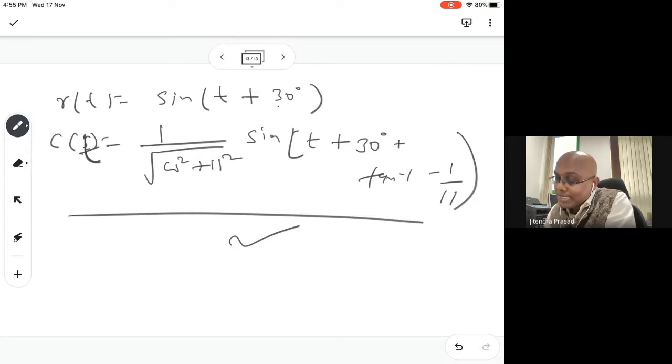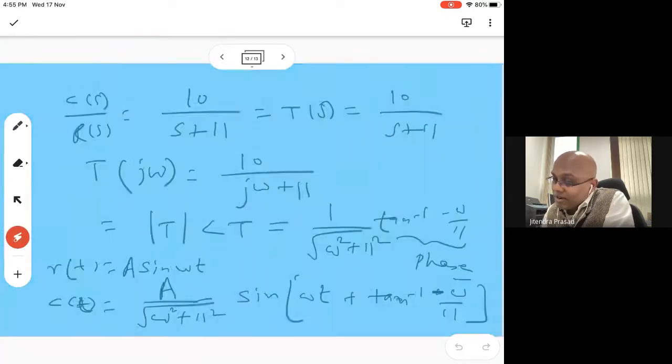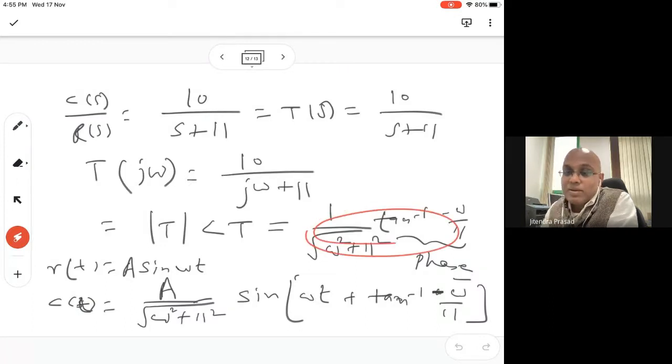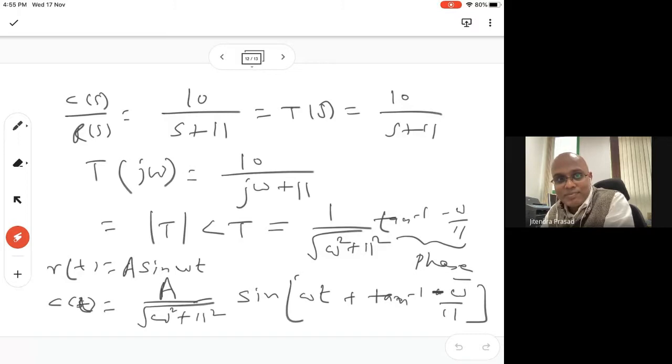Okay, so we just extended what we know from the frequency response, and hence the frequency response is important. That's why you study frequency response, because given the sinusoidal input, you can readily know what the output will be. Its magnitude will change with omega, and its phase will also change with omega.